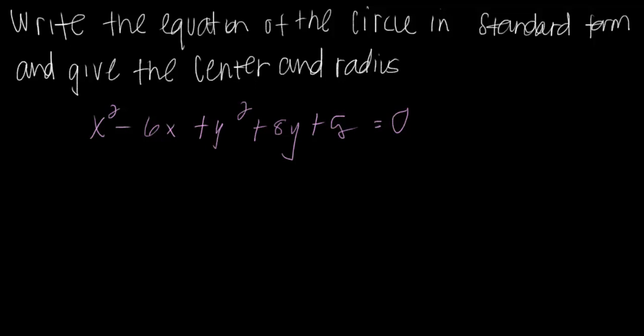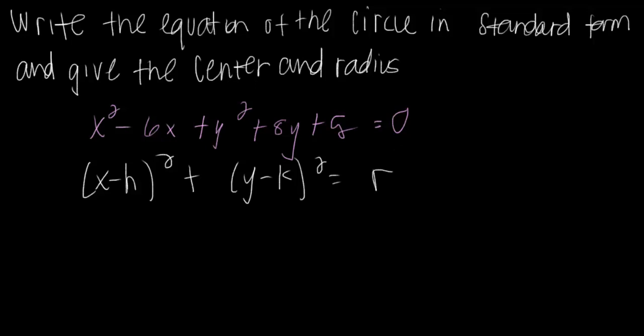Standard form is (x minus h) squared plus (y minus k) squared equals r squared. So we have to take what's in pink and make it look different, but be equal to the same thing and put it in standard form.